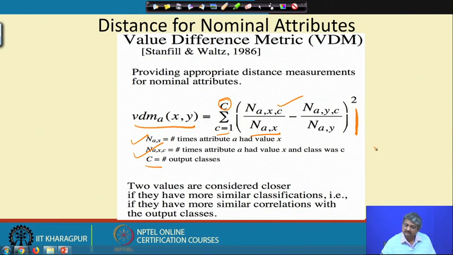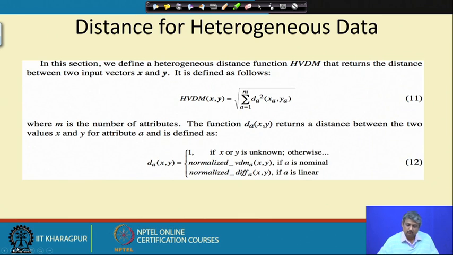Suppose some attribute A is say low, medium or high, nominal valued. If you go back to our discussion in data preprocessing, we discussed some of this. That is why I am not discussing this in detail here, you should read that again. So, this is for heterogeneous attributes.